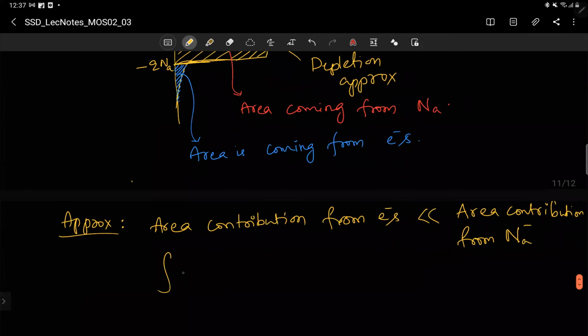So rho dx equals the integral of (minus q Na plus q n) dx.